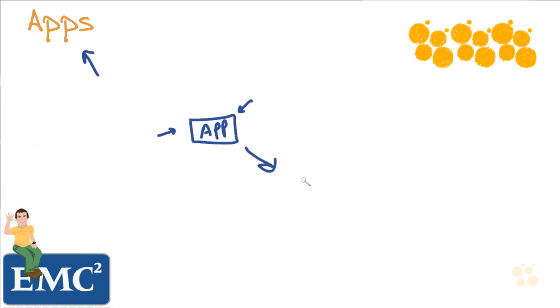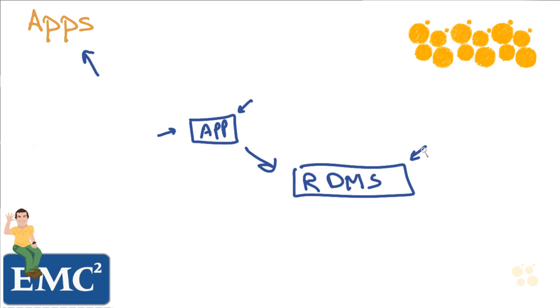Applications often run against a relational database management system. This is a way that we can store our data in a structured manner. And of course, Microsoft SQL Server is one of the many RDBMSs that is popular.